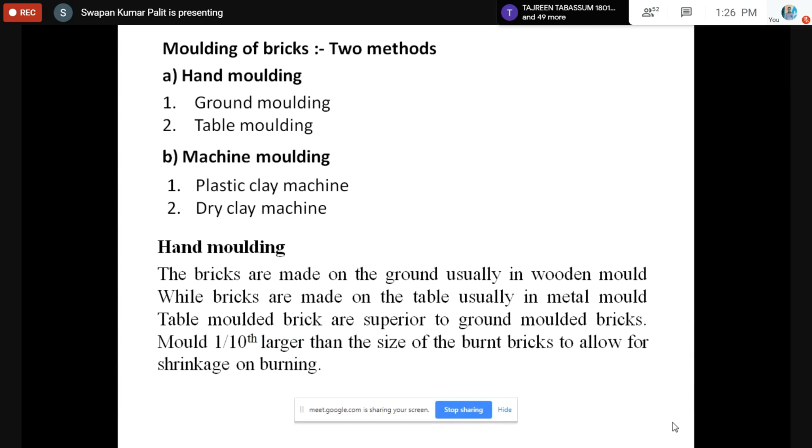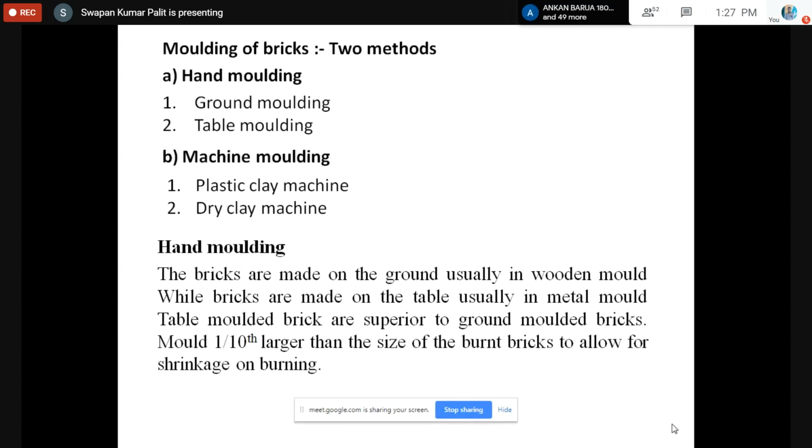Because after drying and burning, the brick will shrink and the volume will be less. So that's why the mold will be larger than this one. How much percentage? 10%, 1/10. You can see on the screen at the last line, mold 1/10 larger than the size of the burnt bricks to allow for shrinkage on burning.